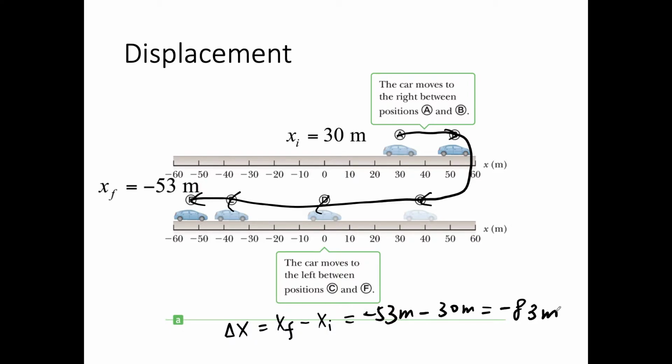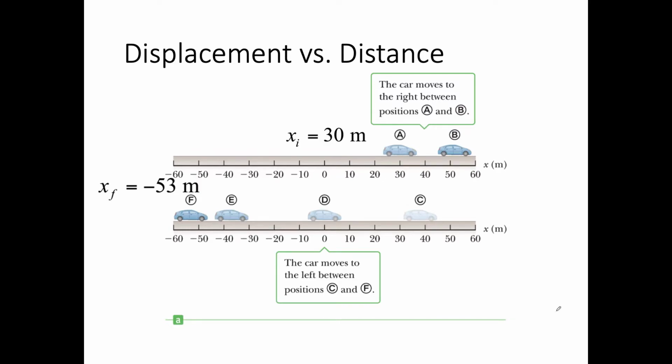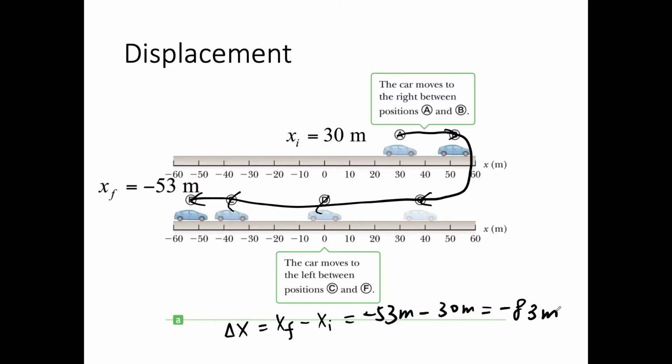So from A to F, the total displacement is negative 83 meters.